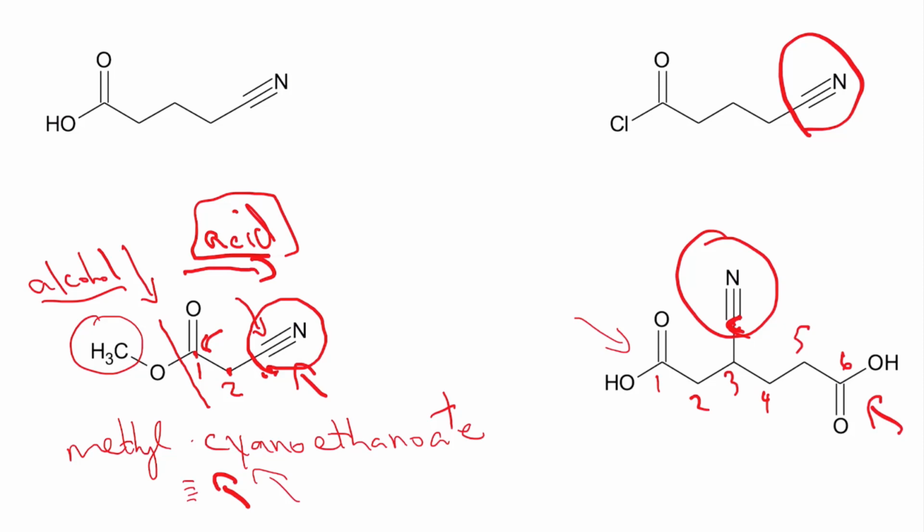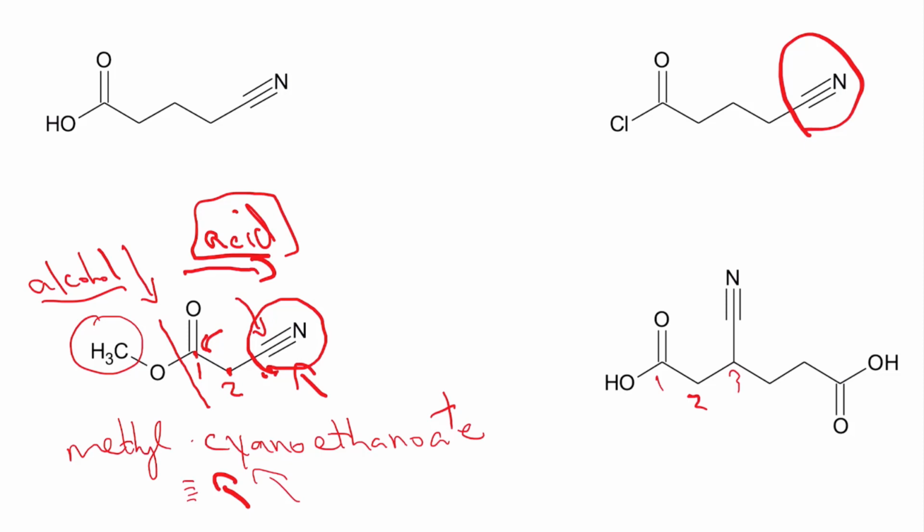So now the numbering scheme. If I start 1, 2, 3 from this side, the cyano gets a number 3. If I start from this side, 1, 2, 3, 4, the cyano is a 4. So I want the 3-cyano. I want the lower numbering on it. So I'm just going to erase this to make this a little easier to read. So again, I've got 2 acid groups. In the 3 position then is the cyano group. I don't need to put the numbers on the acid groups because it's assumed that they're on the end of the parent chain.